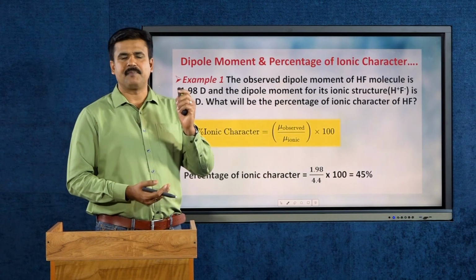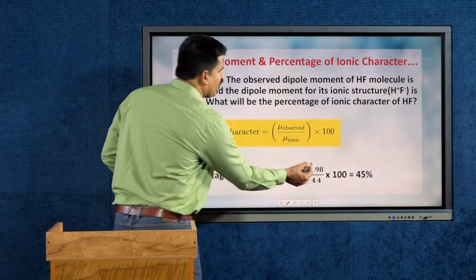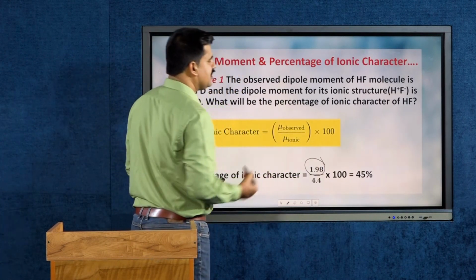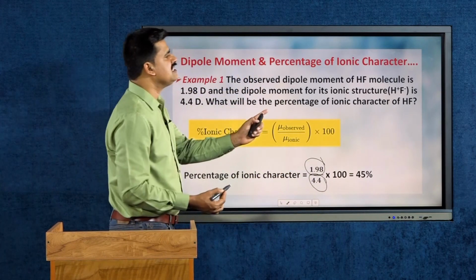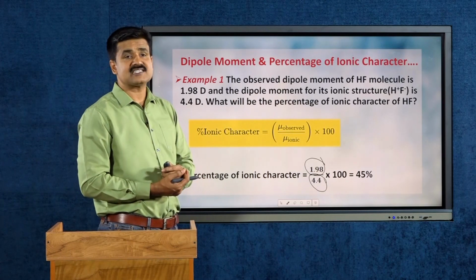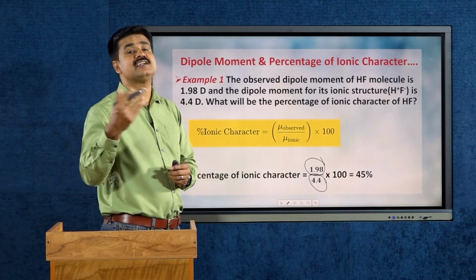So, the percentage of ionic character in the present problem is 1.98, that is the observed dipole moment, divided by 4.4, which is the dipole moment for a 100% ionic molecule formed due to complete electron transfer.